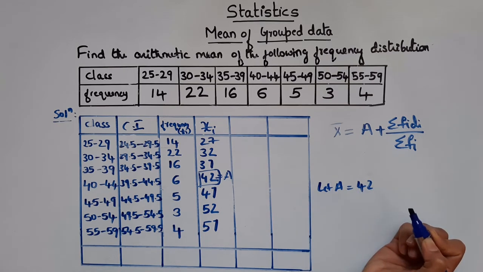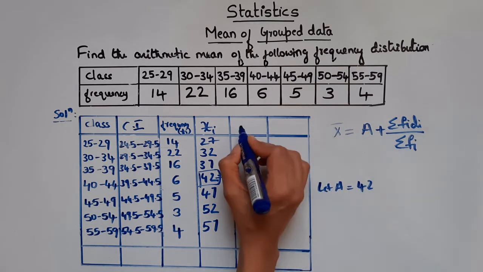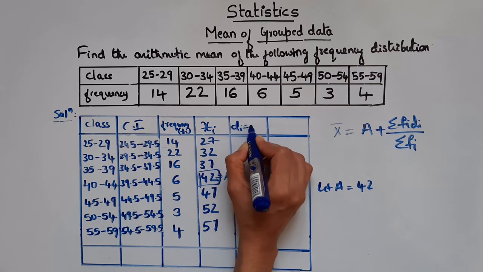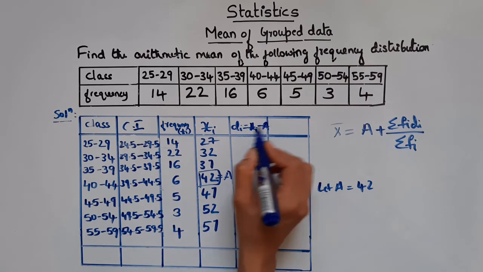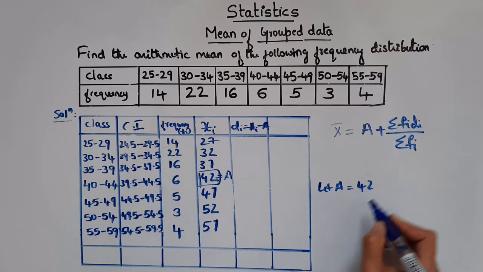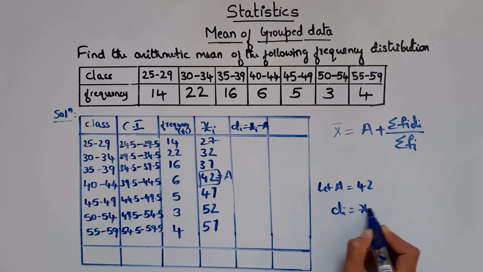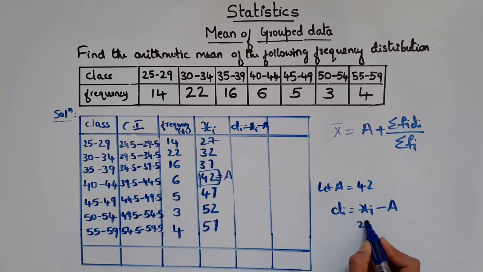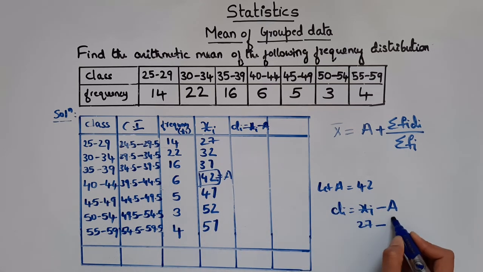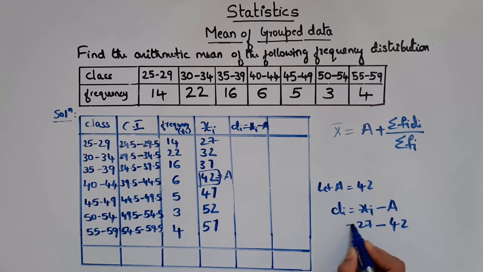That is the assumed mean. Next step is to find di. What is di? xi minus A, right? So xi is 27, so we have di is equal to xi minus A. So xi is 27 minus A is 42. So this will give you minus 15.